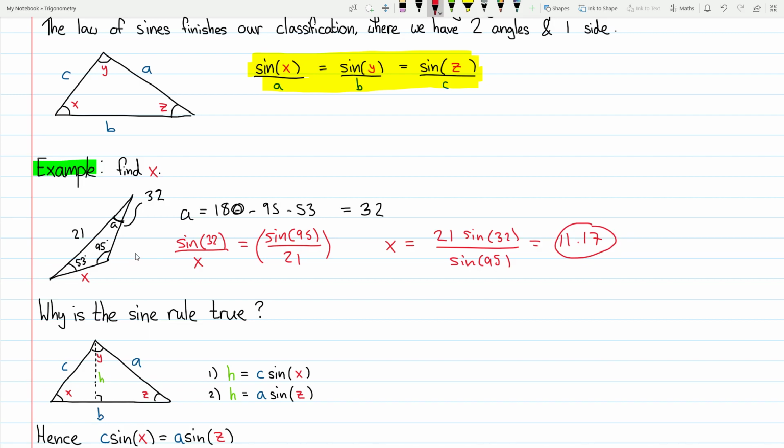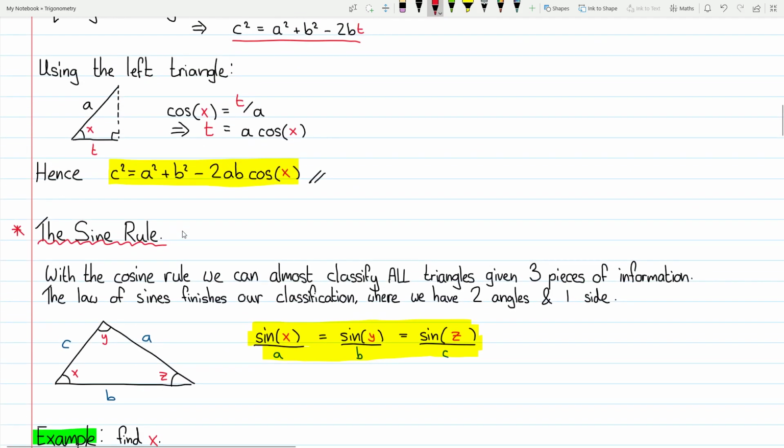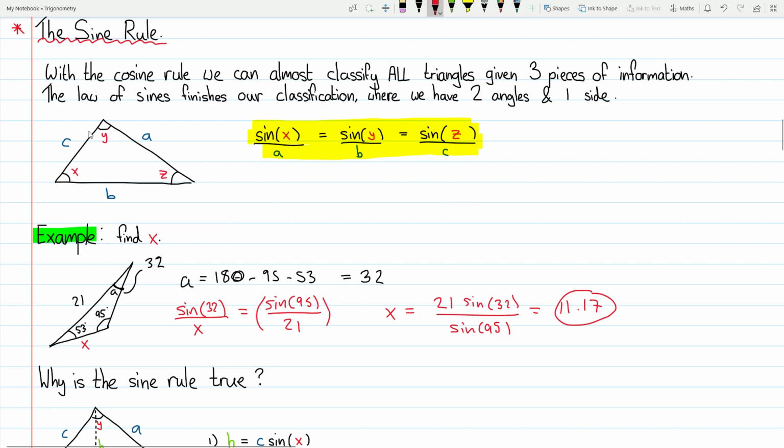Well, notice how if I draw this triangle, let's draw a more extreme version. Let's do x and y. Notice how here y is the largest angle, right? But the side length corresponding to y is also the largest side length. And similarly, x is a small angle, and the side length here is small.